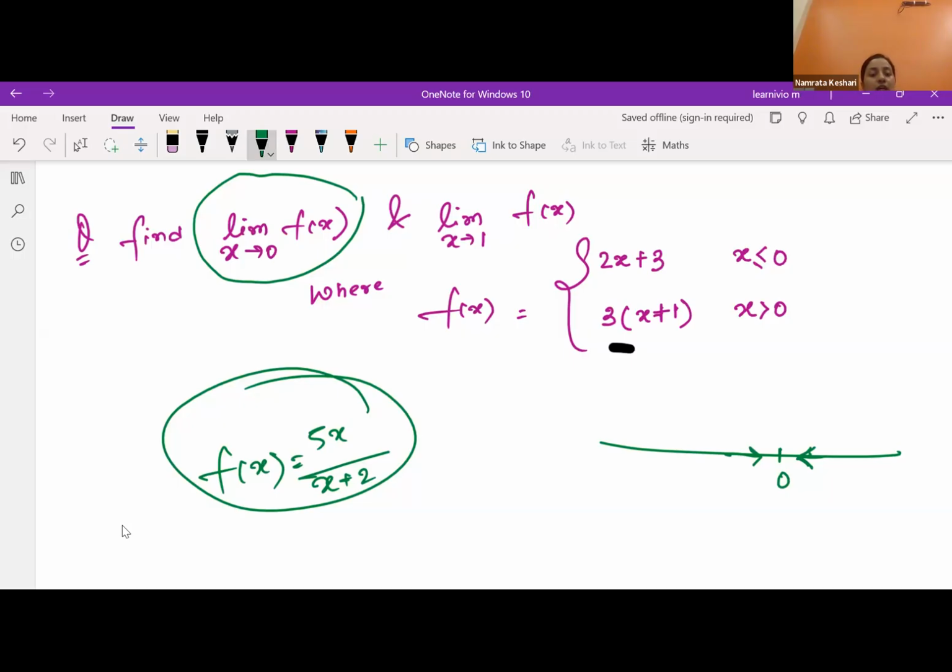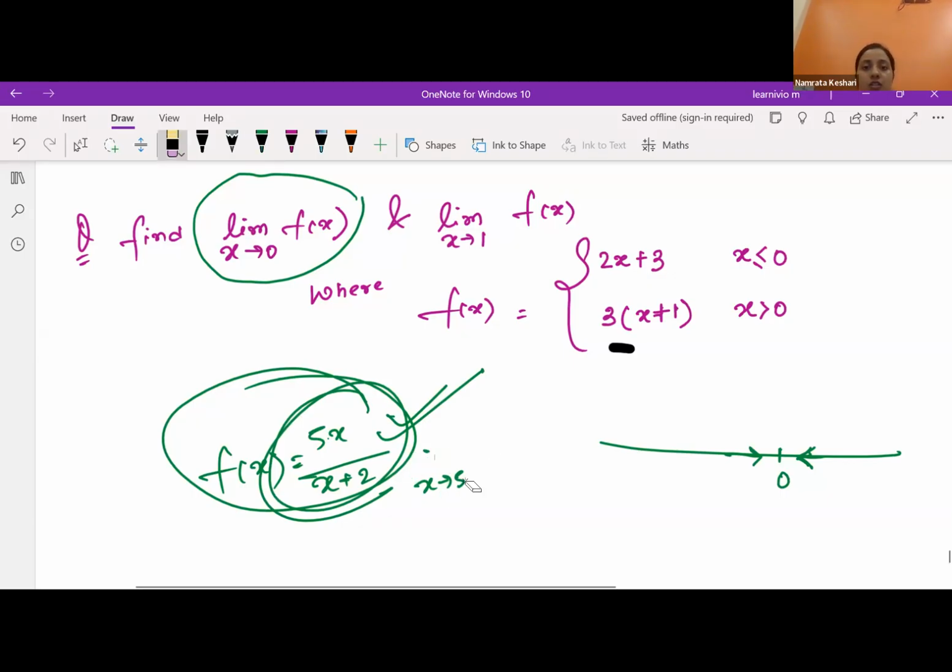So when we are supposed to find the limit when x is approaching 5, the function is not changing. From the left of 5, right of 5, exactly the function is the same, 5x by x plus 2. Hence we were just substituting 5 in place of x. If that was coming as 0 by 0, then we were thinking about doing the simplification. Have I explained splitting the middle term in the last class? Yes. Okay, let's continue.